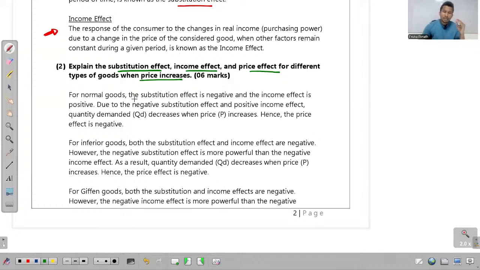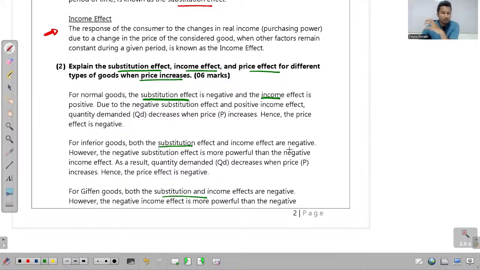I told you that for any type of good, substitution effect is always negative. It could be normal goods, inferior goods, Giffen goods. For any type of good, substitution effect is negative. But for the different goods, the income effect is different. For example, for normal goods, the income effect is positive.